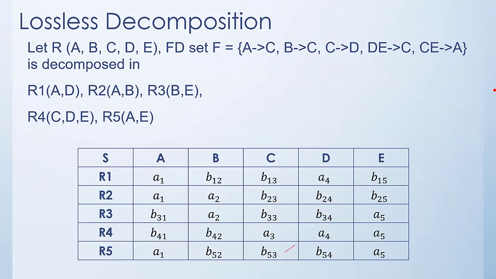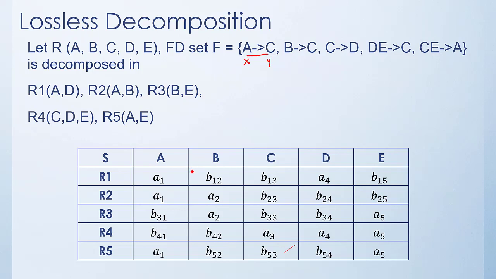In this case, we take A determines C first. Now we consider all the rows where the symbol of A is the same.